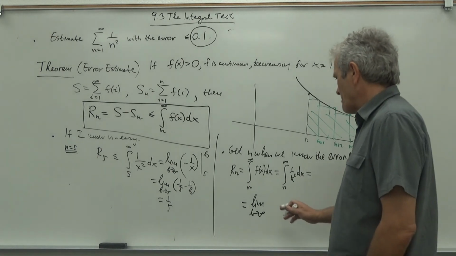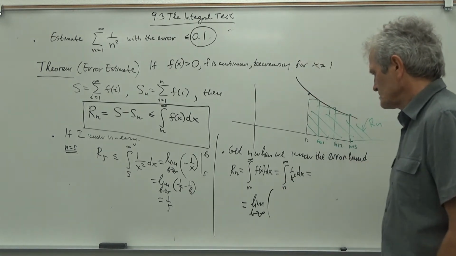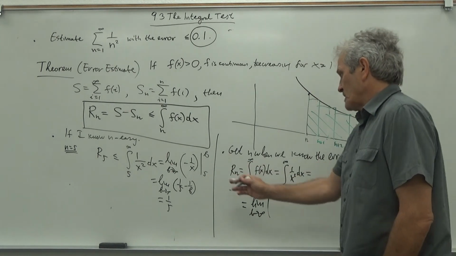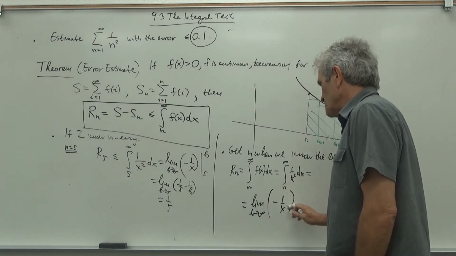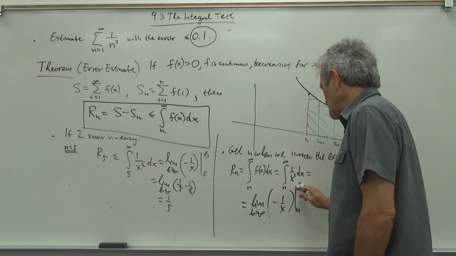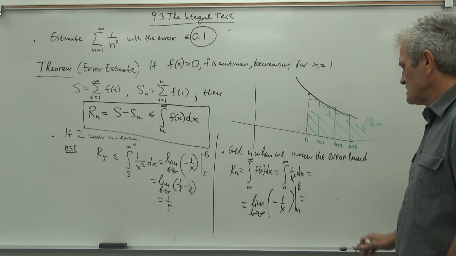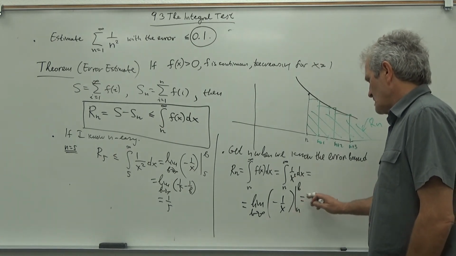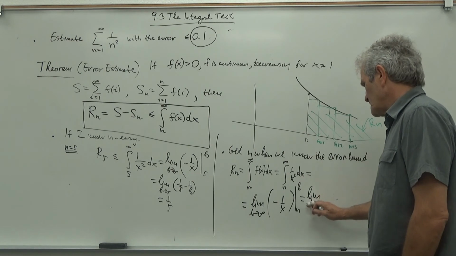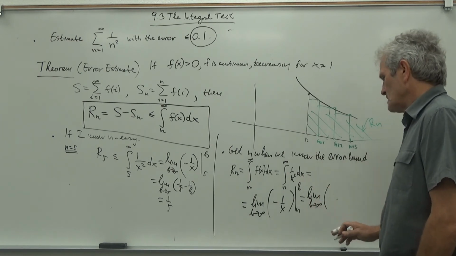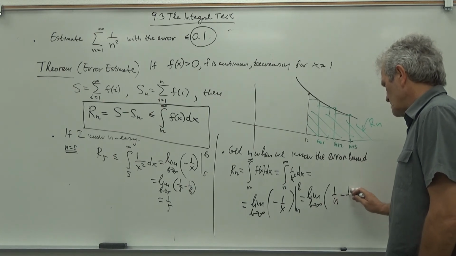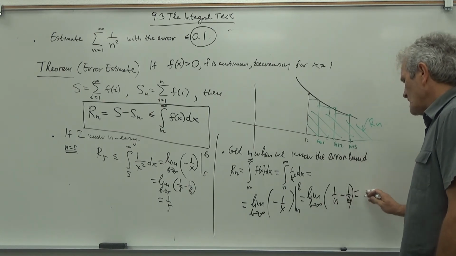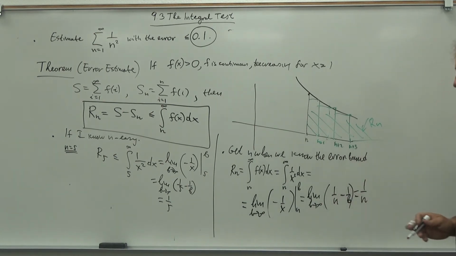The same way as a minute ago, negative 1 over x between n and b. I'll flip them again: 1 over n minus 1 over b, and that limit is 1 over n.